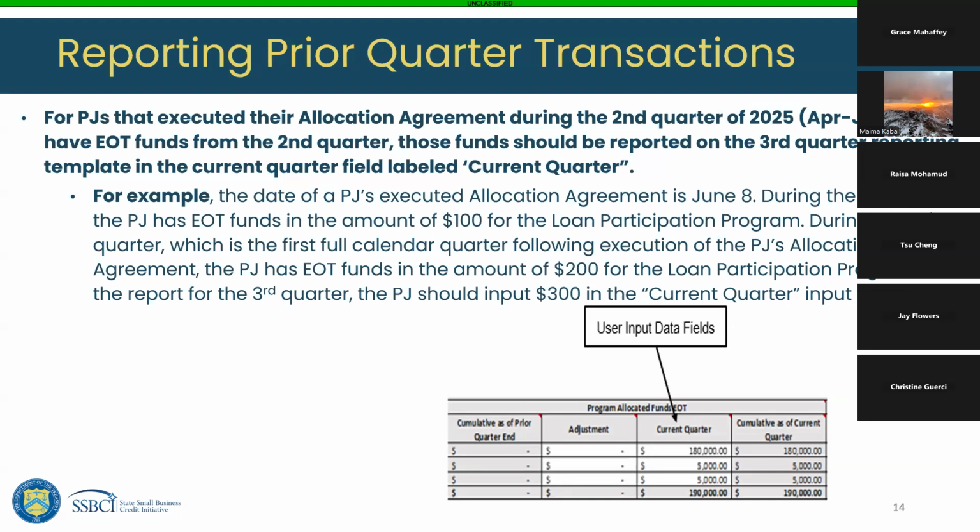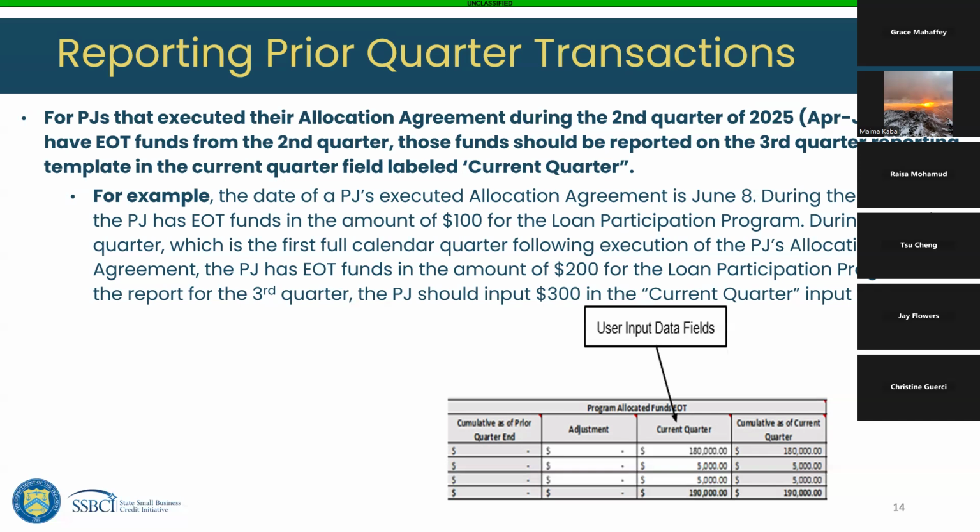As an example, if a jurisdiction executed the allocation agreement in June of this year and EOT SSBCI funds of $100, and during Q3, which is the first time the jurisdiction will be reporting, the jurisdiction EOT an additional $200 of SSBCI funds, for the third quarter reporting, your jurisdiction should input $300 in the current quarter input field.